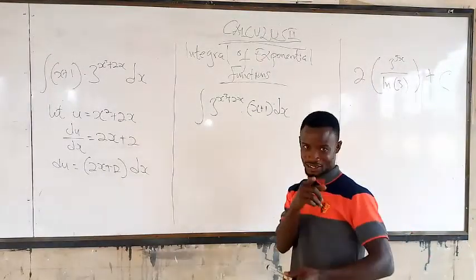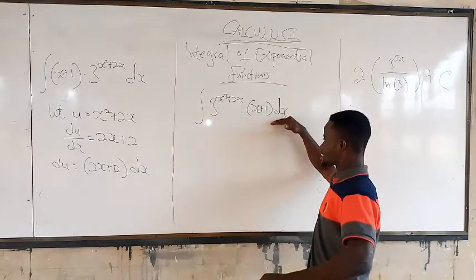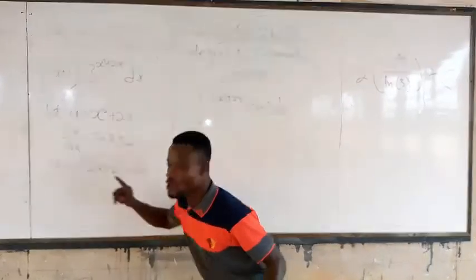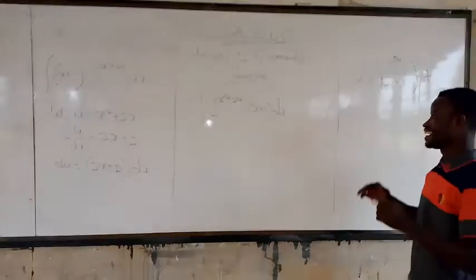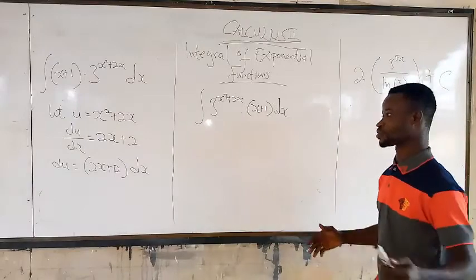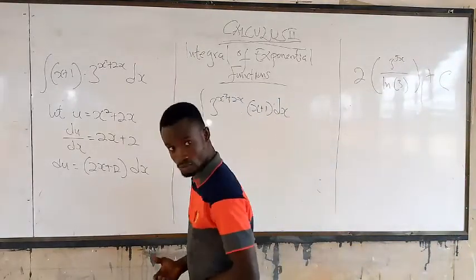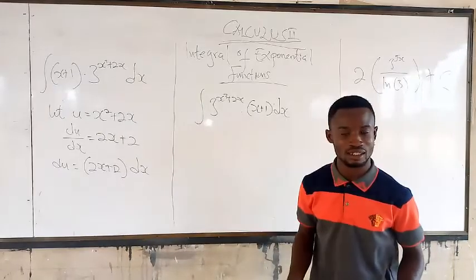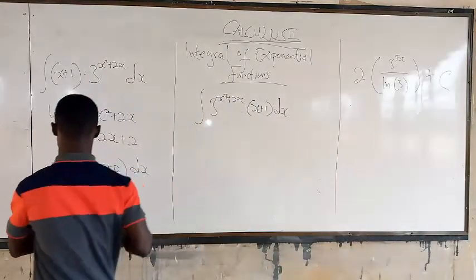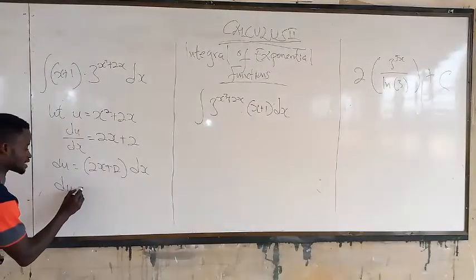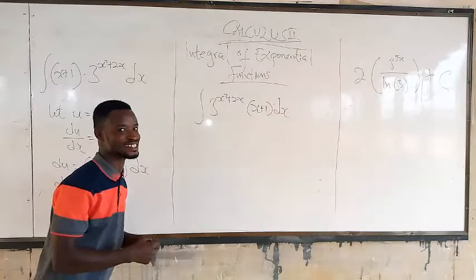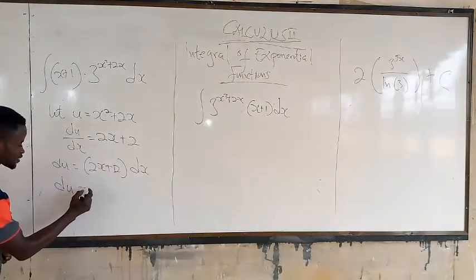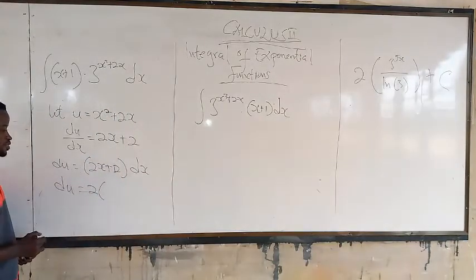Ooh! I hope you can see it. You can see that this is exactly du. That is exactly du. Oh, it's not exactly. Okay, don't worry. We can make it exactly. Factor 2 out. Nice.